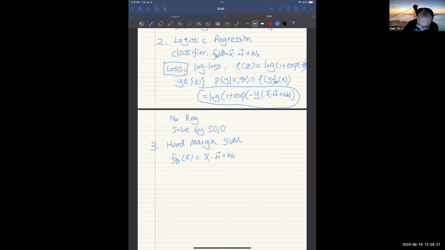Let's talk about the soft one first. Soft margin: we still have the same classifier, but the loss function is the hinge loss. The hinge loss says L of z is equal to the maximum of 1 minus z and 0. And we have L2 regularization.